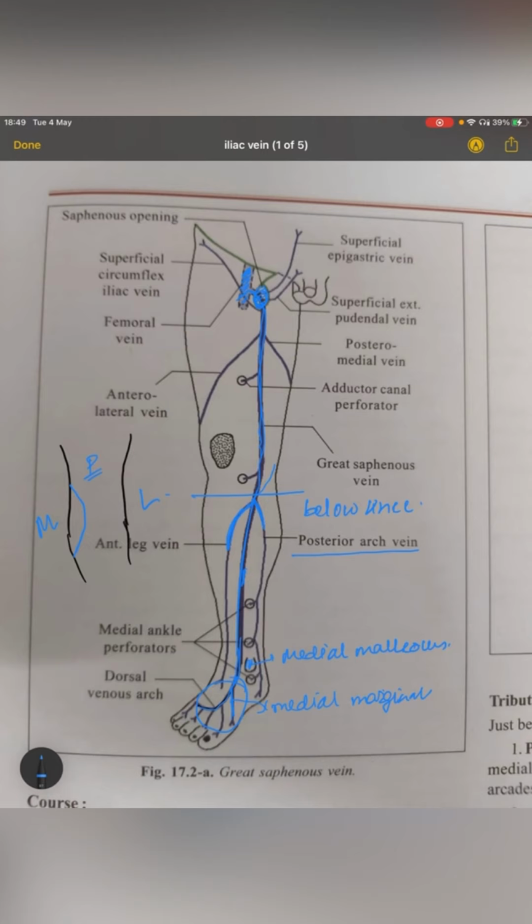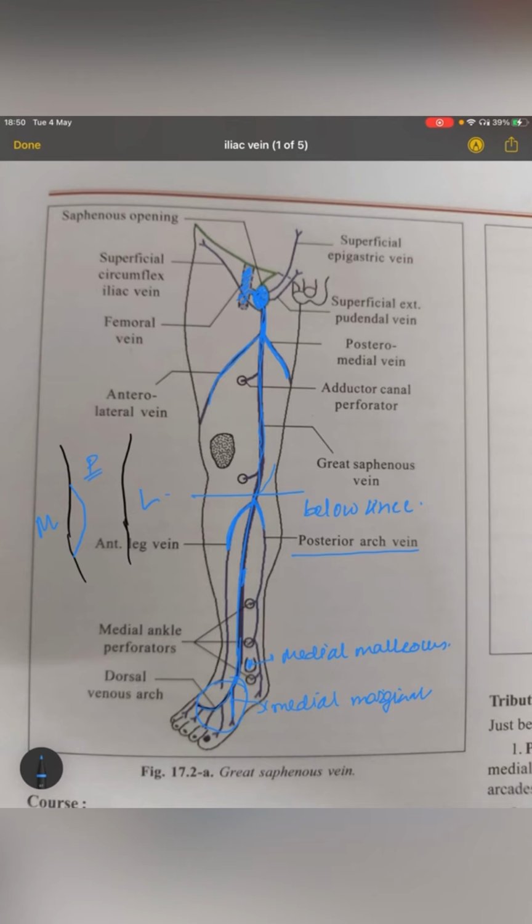And in the thigh, what are the veins? One is the anterolateral vein and another is the posteromedial vein, which two drain into our great saphenous vein. Okay. And in this region where it pierces the cribriform fossa, three tributaries join our great saphenous vein, which accompany the superficial branches of the femoral artery.